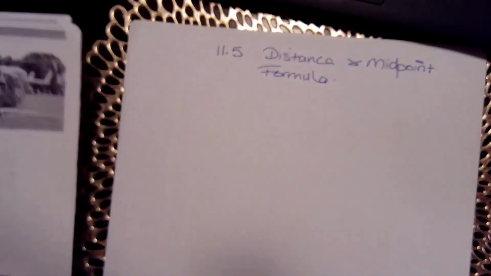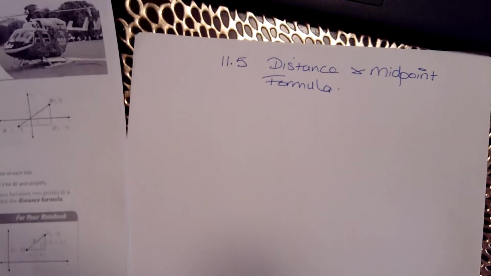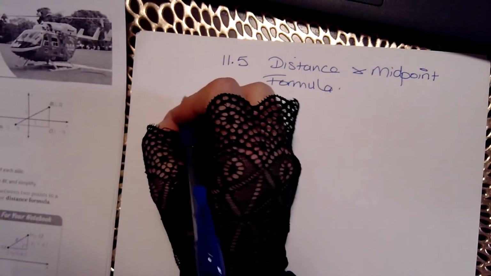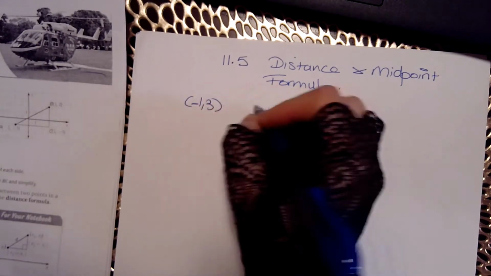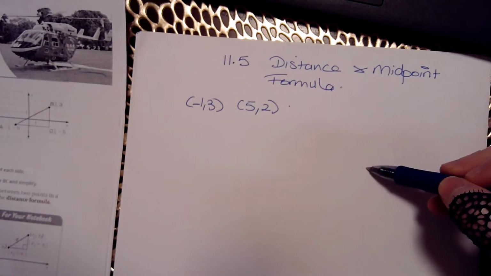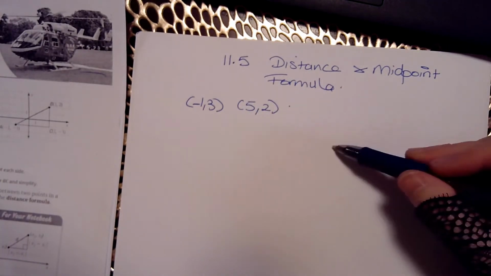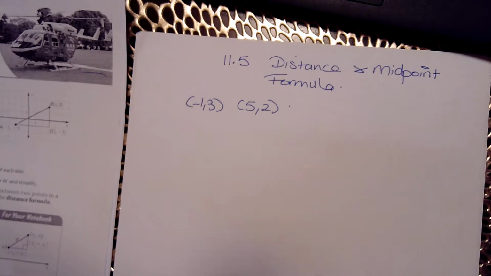Okay, so I'm going to use some examples here, and I'm going to do one to find the distance between 2 points. If the distance is in a straight line, like vertically or horizontally, then you can just count, unless it's a decimal.